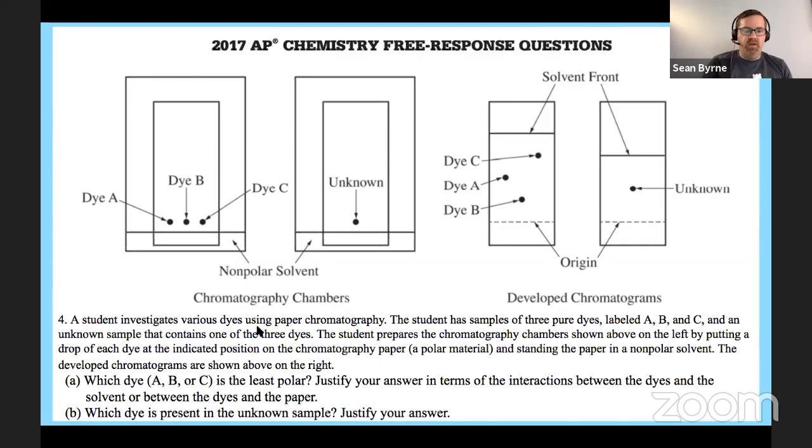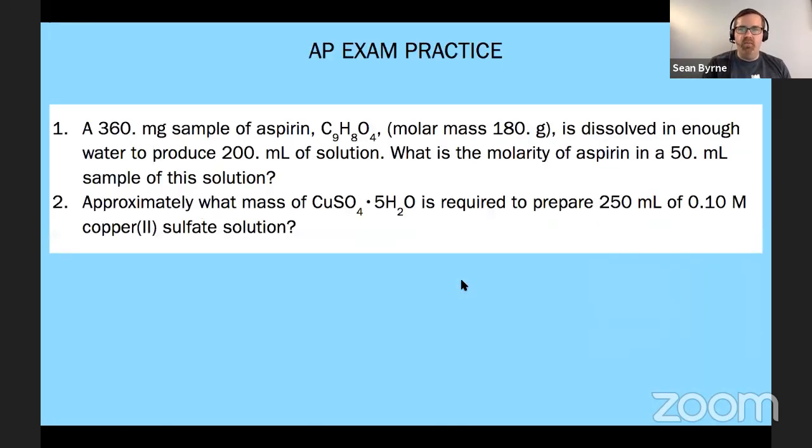We're going to ask which of this dye is least polar, and in the unknown, how are we going to compare the unknown to one of these three over here? And then I would like you to take a look at these two practice problems and see if you can solve each of those using the molarity equation.